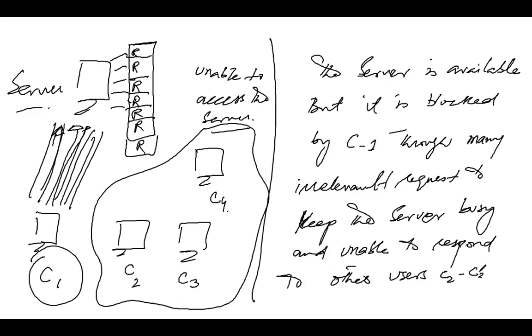Like in this case, it is C4, C2, and C3. So this is a kind of DoS attack. The system is unable to give access to the user.